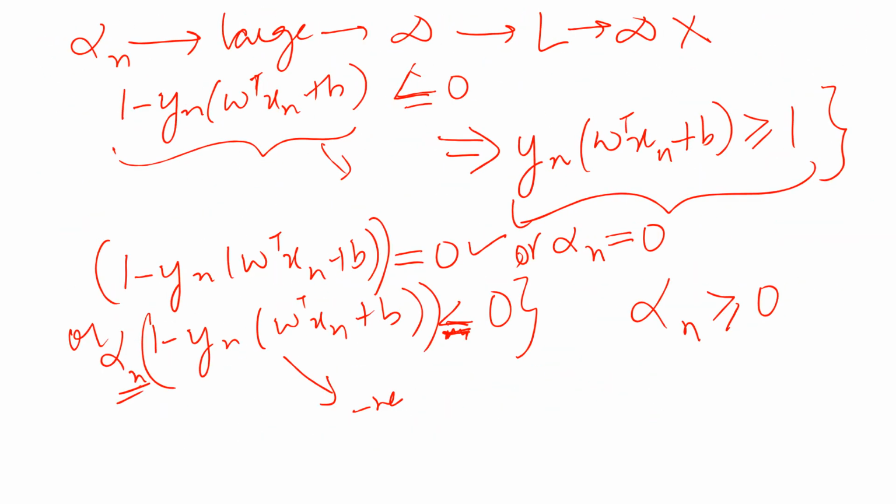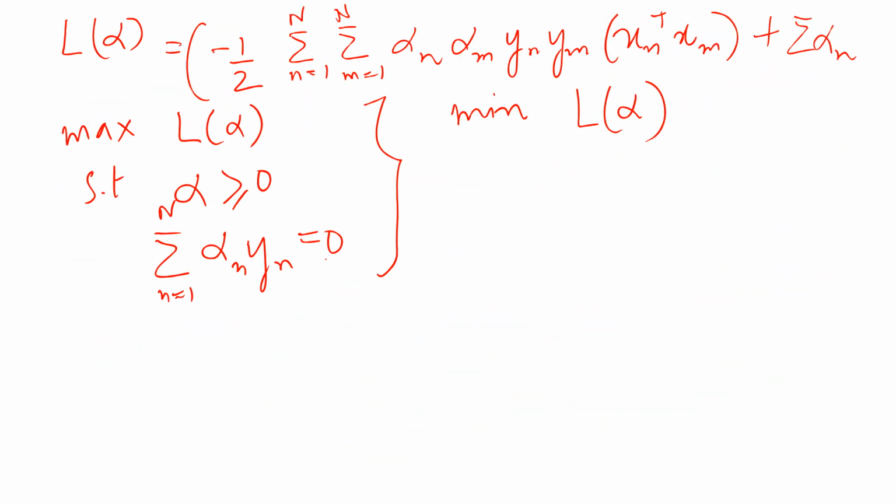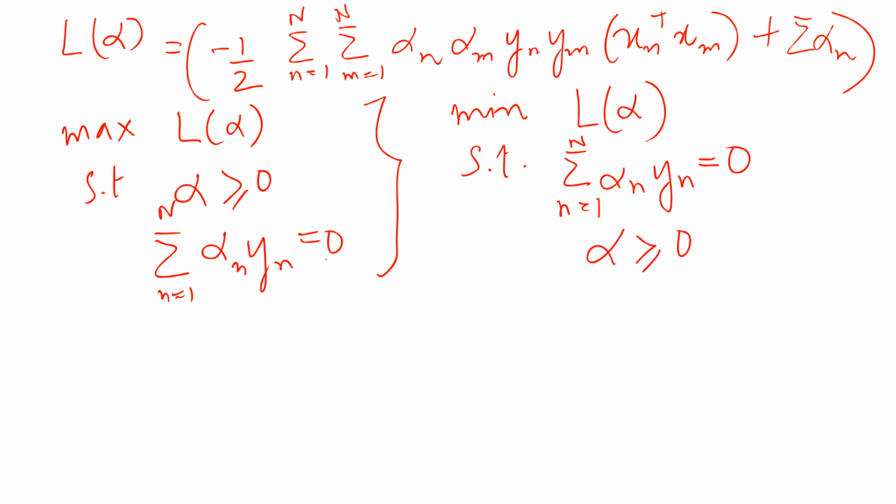Well, using the Lagrangian definition and using the stationarity conditions, we arrive at exactly the same thing. And let me also write it down. Sum of alpha n yn equals 0, and this L of alpha is going to be of course this entire thing, and alpha is greater than or equal to 0.